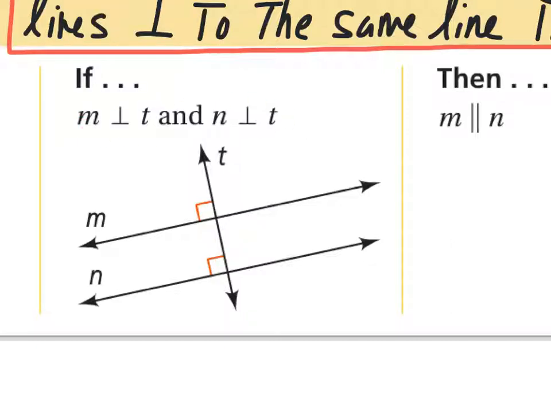We have a right angle congruence theorem that says that all right angles are congruent, so therefore I know these two angles are congruent. Well, those two angles happen to be corresponding angles. And so then by the converse of the corresponding angles postulate, I then know that these two lines have to be parallel. Okay? So again, this is why we should like theorems, because theorems actually shortcut our work quite a bit when we're trying to work with proofs.